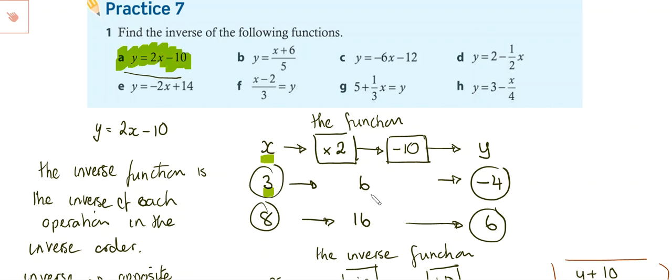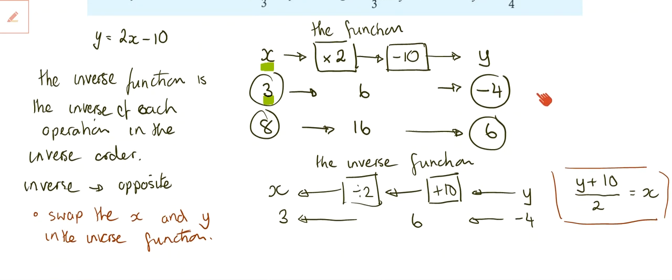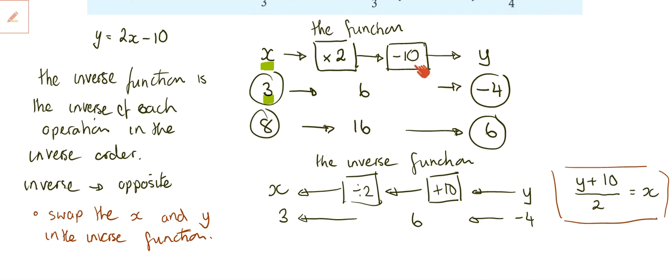So 3 times 2 is 6, 6 minus 10 is -4. And we did another one, if I substitute 8 in, 8 times 2 is 16, 16 minus 10 is 6. Good.